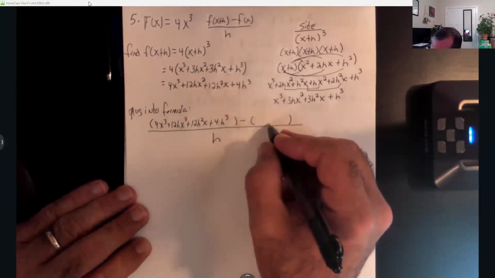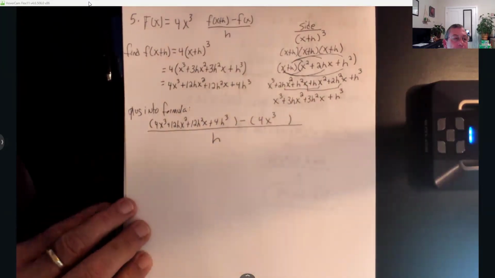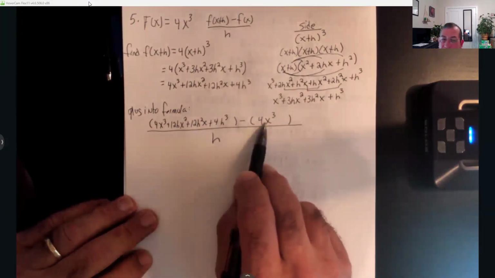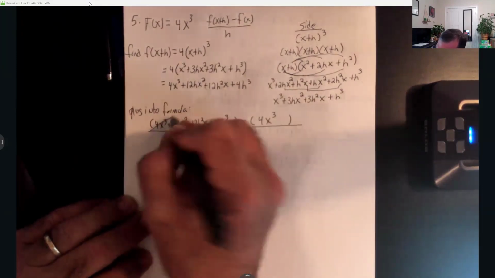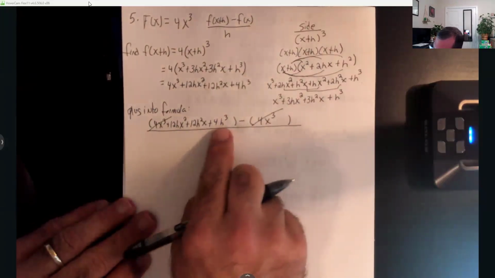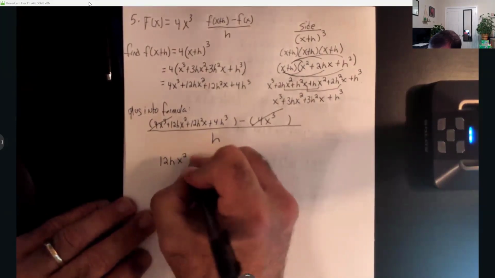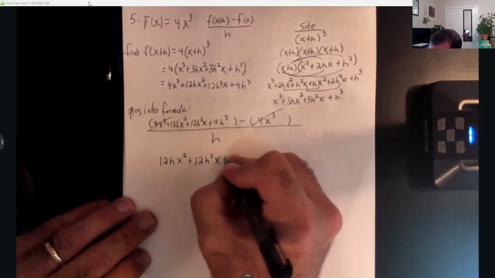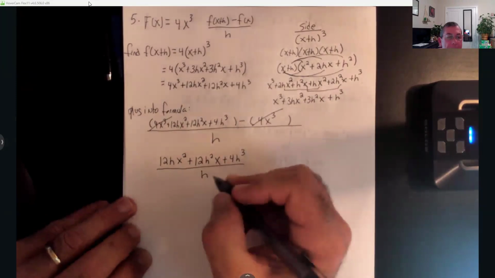And y'all, the only thing we're subtracting is f of x, which is a 4x to the third. So y'all, since I've only got the one thing being subtracted, it's pretty easy to see that the only things canceling are this 4x to the third and that negative 4x to the third. Everything that's left has a h. 12hx squared plus 12h squared x plus 4h cubed all over h.